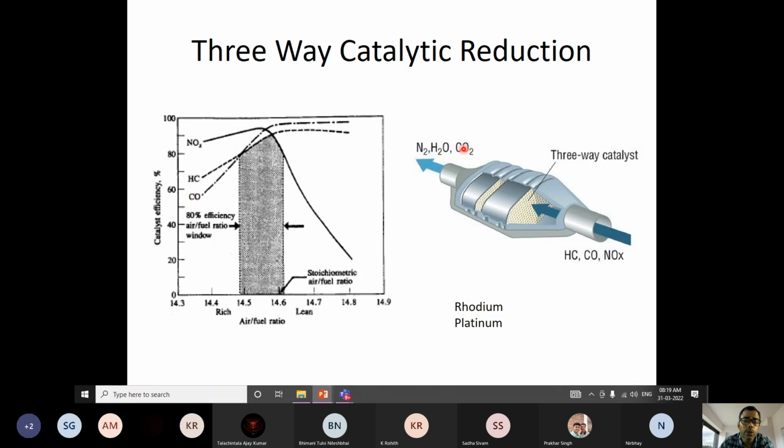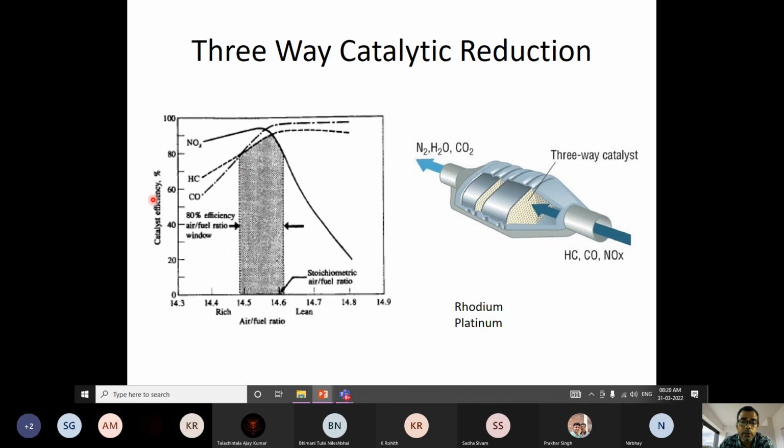So if this equipment is to be called a three-way catalytic converter, taking care of all three pollutants, then your engine should always run in a very narrow range of the air-fuel ratio. Beyond that, it is not going to be a three-way catalytic converter because it is not taking care of all three pollutants at very high conversion efficiency.